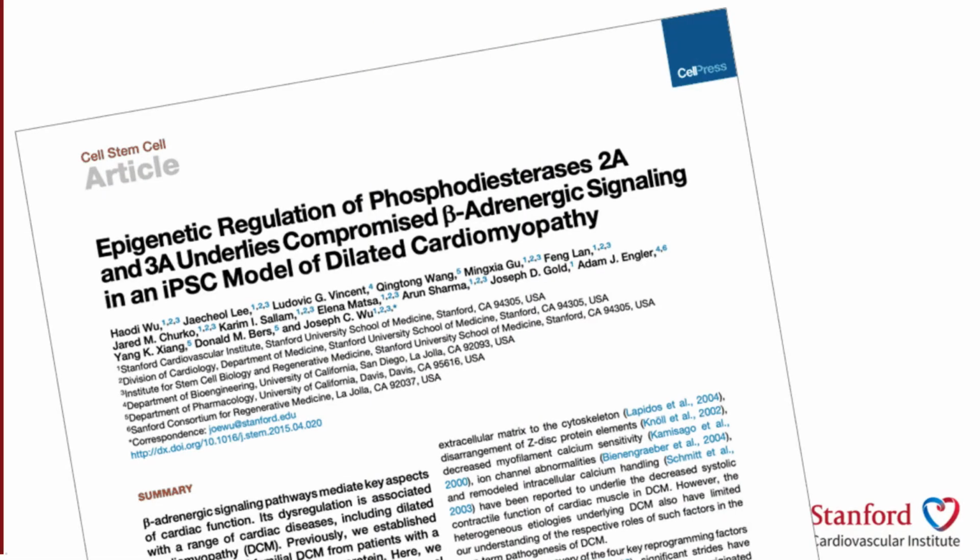To further explore beta-adrenergic signaling in iPSC cardiomyocytes and its role in DCM, authors from our lab tried using beta agonists. So this study was led by Dr. Haodi Wu and was published in Cell Stem Cell in 2015. Here they found that beta-adrenergic signaling becomes compromised in disease.